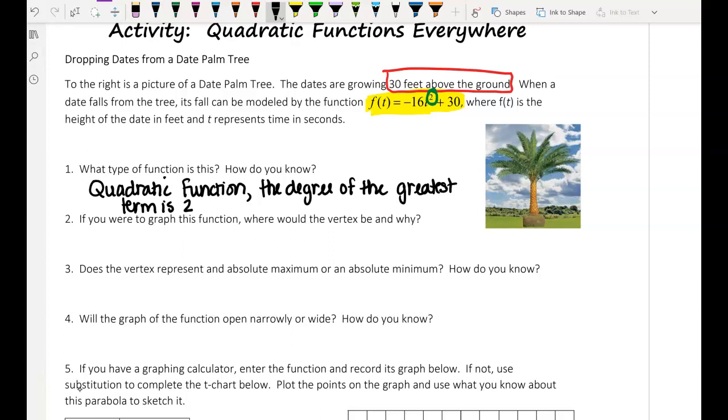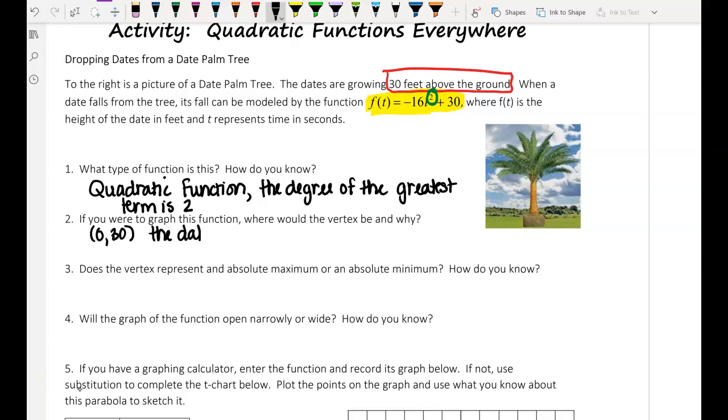You can, but just in context of this problem, the vertex is representing either the highest or the lowest point. We're talking about a date starting in the tree and falling to the ground. What height does the date start at? So at time 0, the vertex would be at (0, 30).